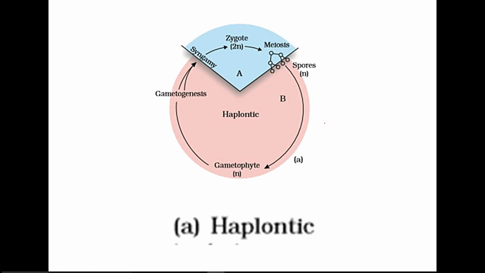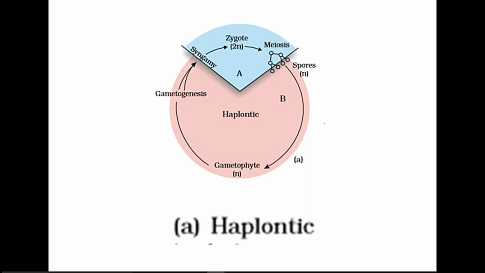And following the fertilization, the zygote also divides by mitosis to produce a diploid sporophytic plant body, and haploid spores are produced by this plant body by meiosis, which in turn divide by mitosis to form a haploid plant body once again.